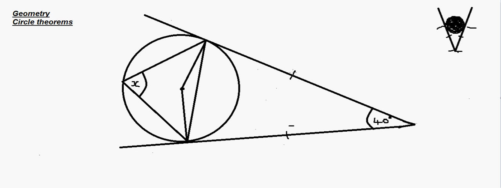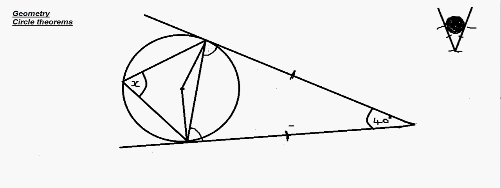So if these two sides are the same, then these two angles must also be the same. If you go back to basic triangles, we have an isosceles triangle because this side and this side are the same length, so this angle and this angle will be the same.